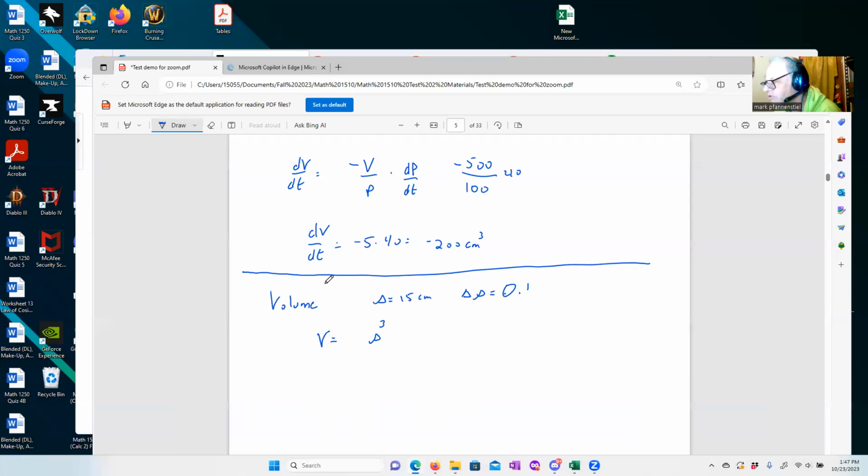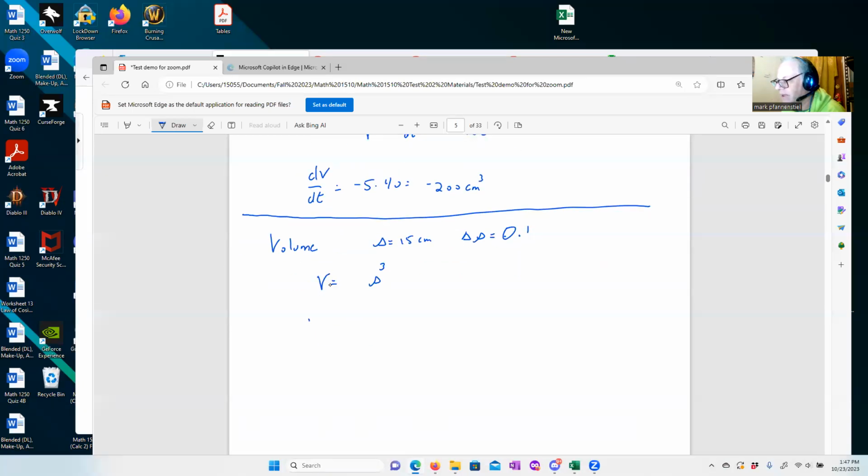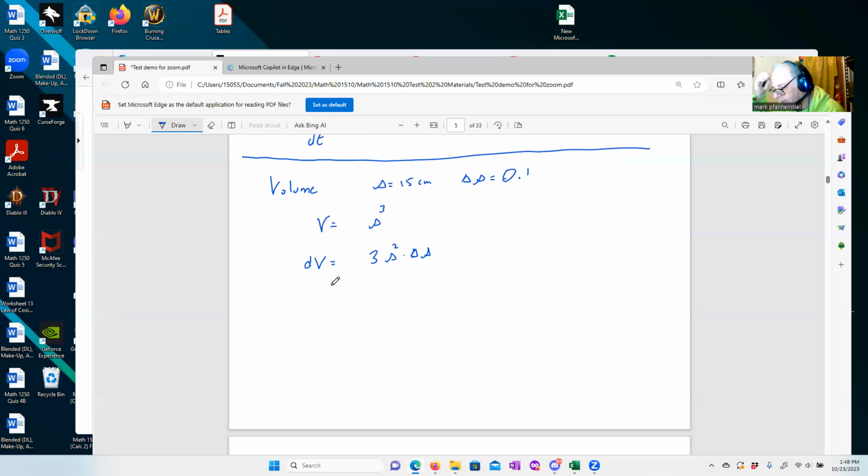They want us to use differentials to estimate the error. So we have dV is equal to 3s squared times change in S. If I just wanted the maximum error, I would start plugging things in. Delta V, I should say, not dV, because we're using differentials, not derivatives.